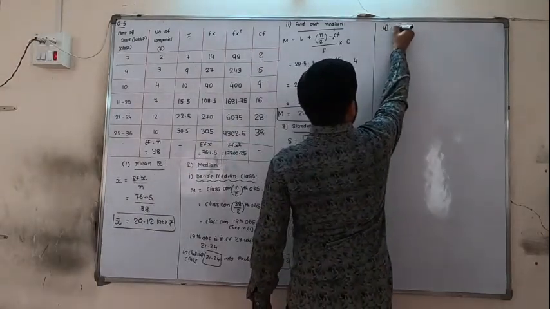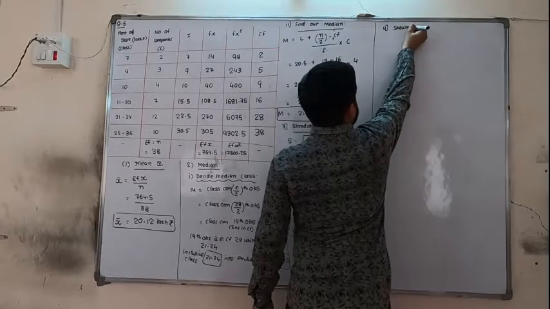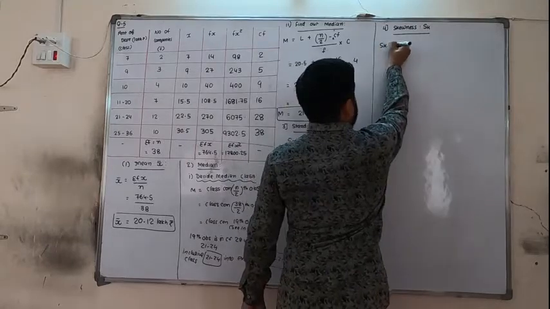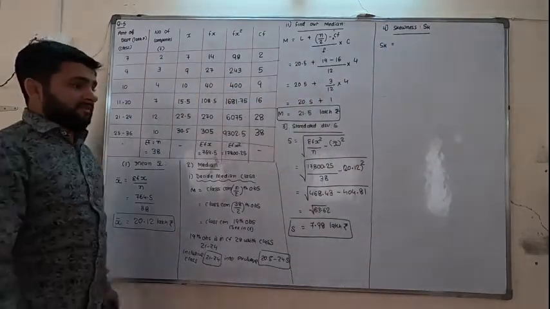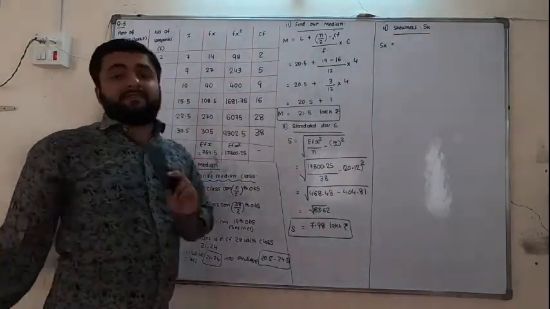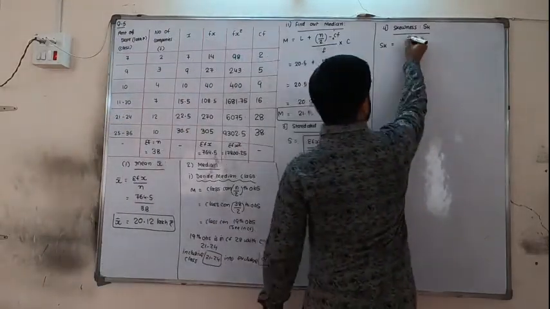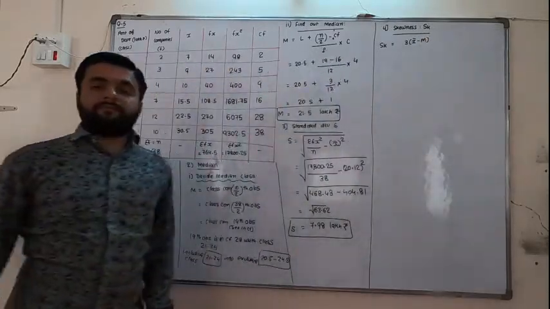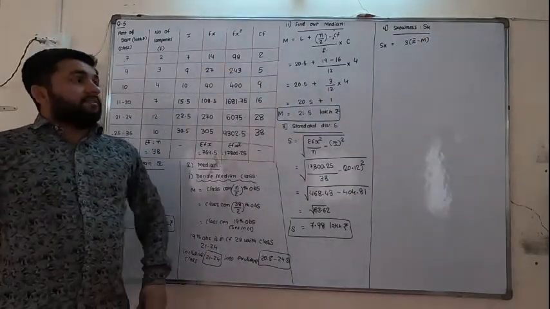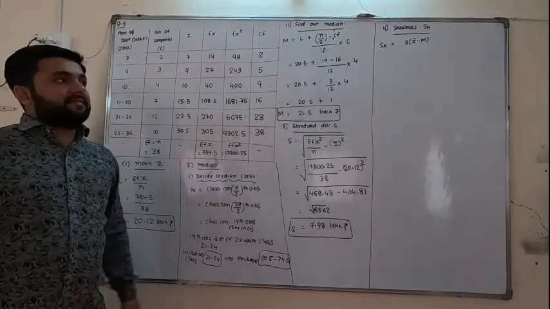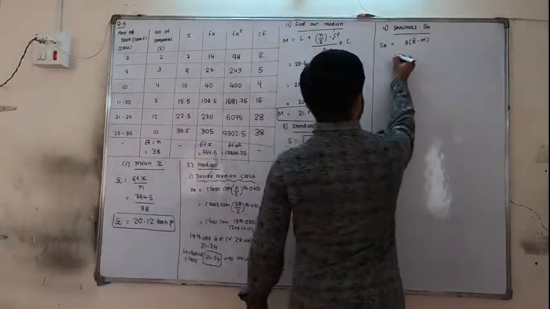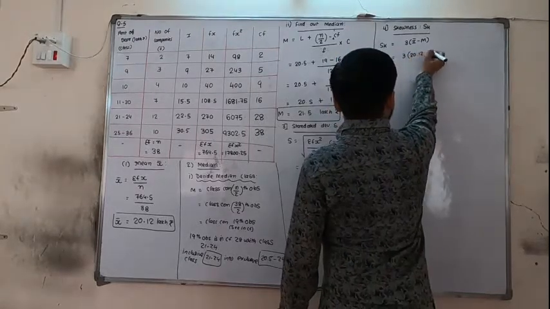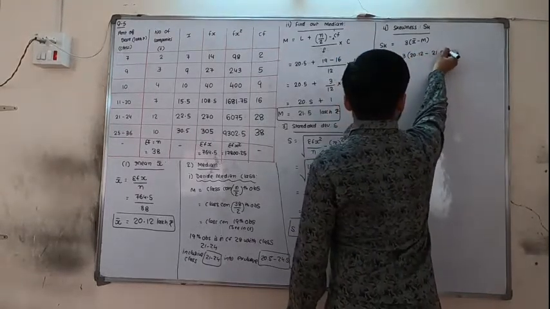Number 4, we have to find skewness Sk. First time we are using this formula. Here S will not be divided, and we have found the median, so 3 (x bar minus M) is the formula. For the coefficient we divide by S, otherwise the formula is this. So 3 common, x bar is 20.12, M is 21.5.